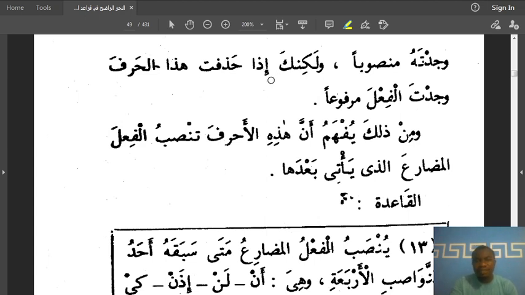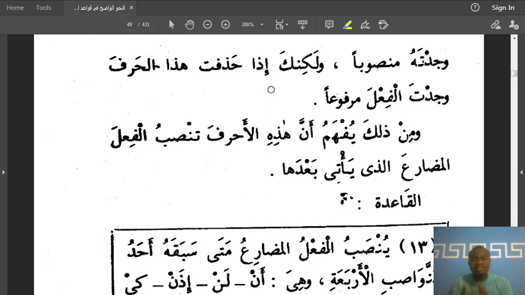ولكنك إذا حذفت هذا الحرف, but if you delete this letter, when the letter is there, the ending is mansub. If you delete this harf, وجدت الفعل مرفوعا, you realize that the verb will go back to taking its dhamma. So if you say أريد أن أزور, and you take off the an, you say azuru.